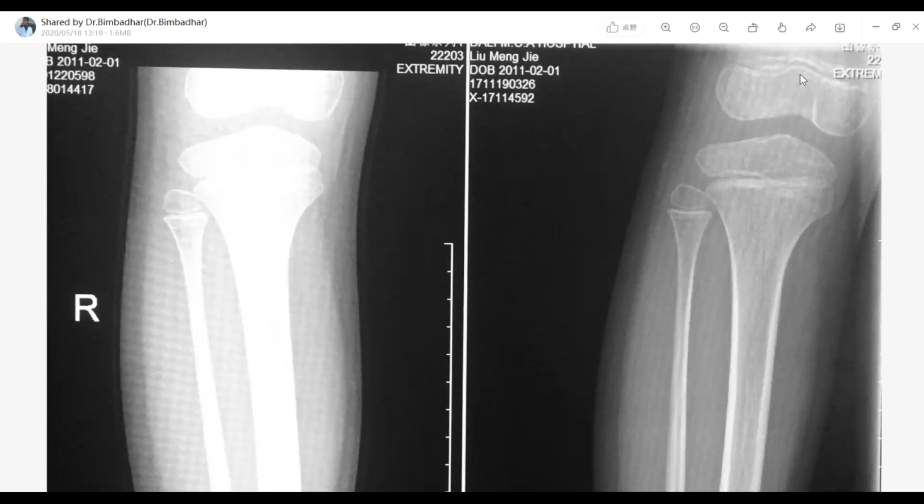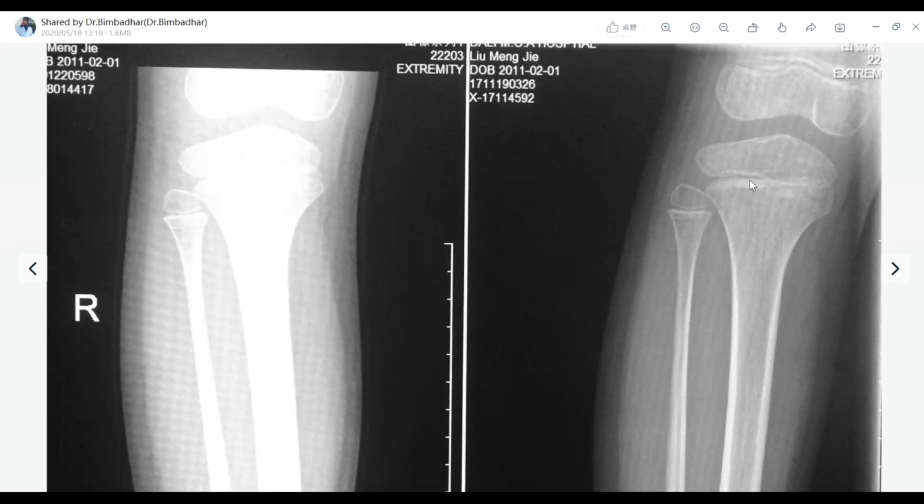So now you are trying to include the epiphysis, metaphysis, and the diaphysis. The hyperlucent line I'm looking at here is not a fracture, but the epiphyseal line, which is not yet ossified, because this is a child.